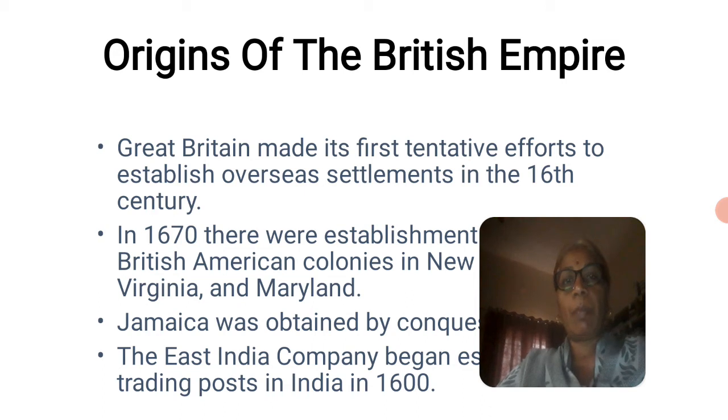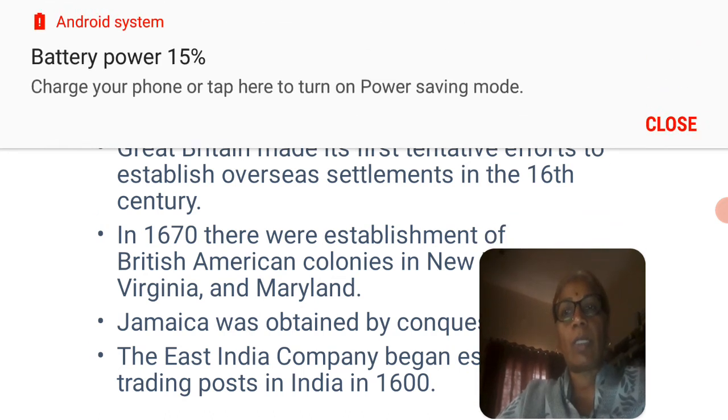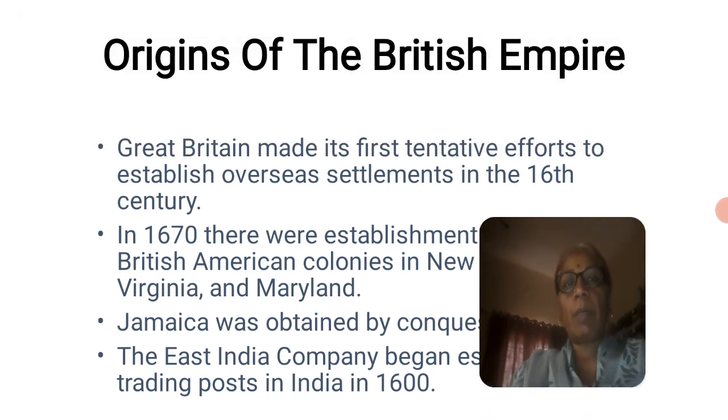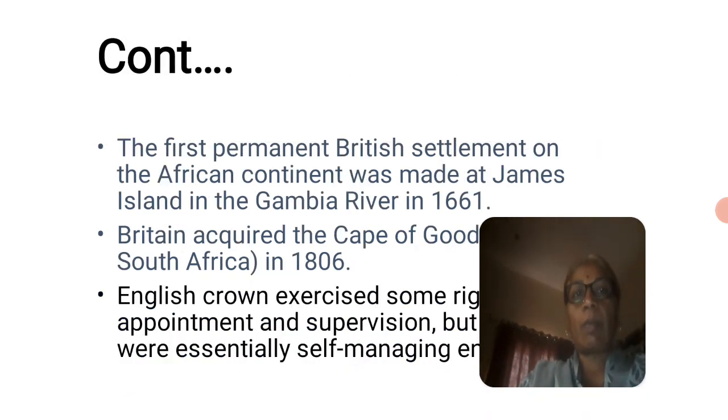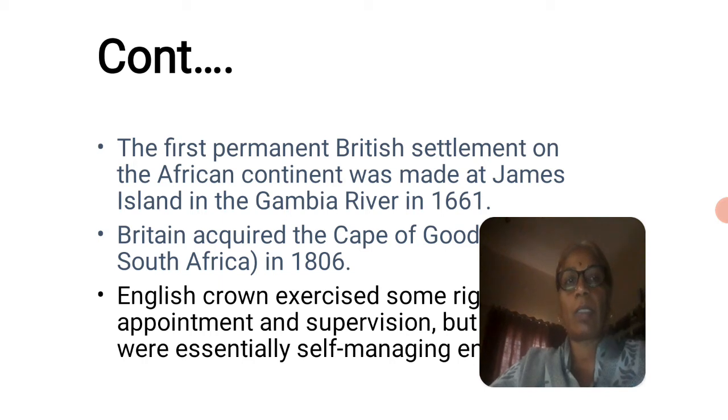The East India Company was established in India in 1600. The first permanent British settlement on the African continent was made at James Island in the Gambia River in 1661. Britain acquired the Cape of Good Hope in 1806.